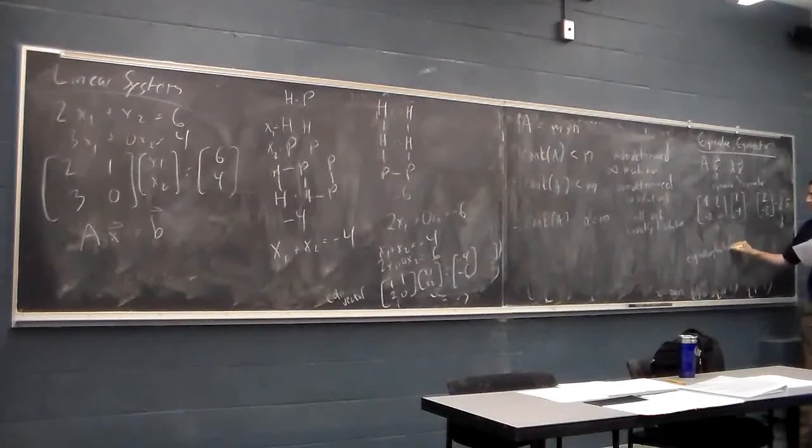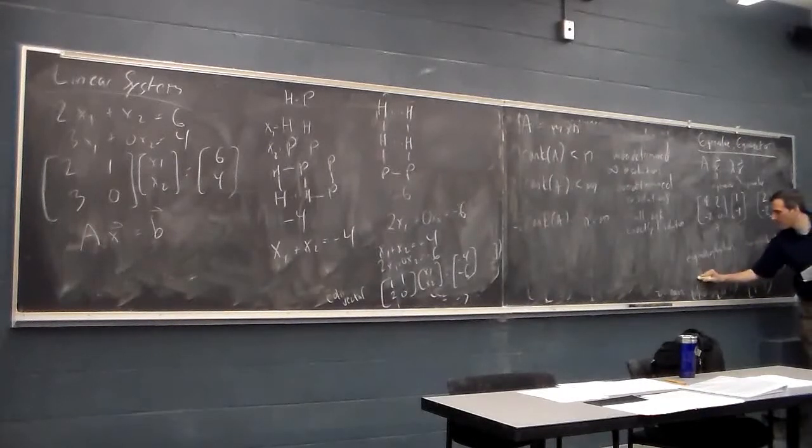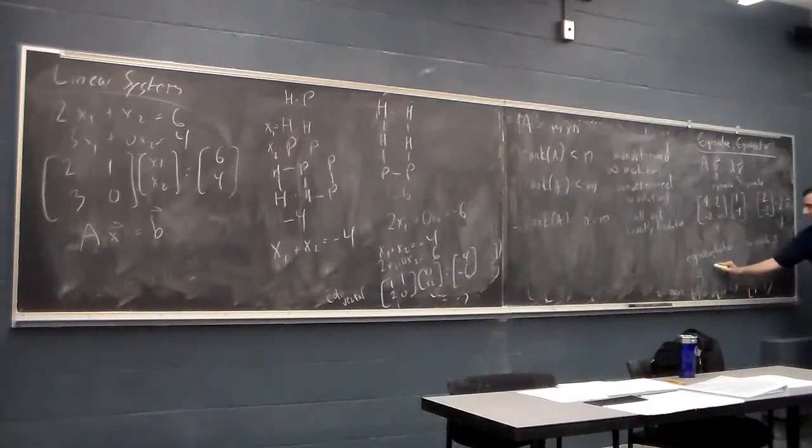So an eigendecomposition is something that's defined for a non-singular matrix A. It is a way of taking A and turning it into a product of three matrices, X, lambda, and X inverse. So X is going to be a matrix of the eigenvectors of A, and lambda is going to be a diagonal matrix.